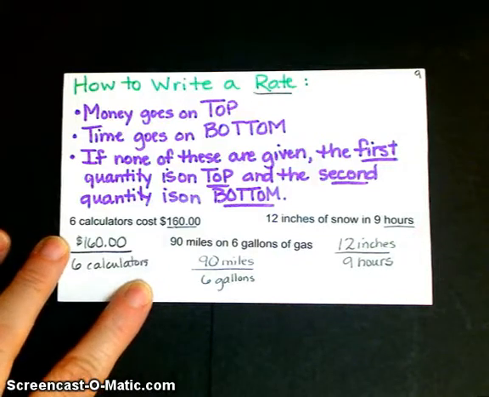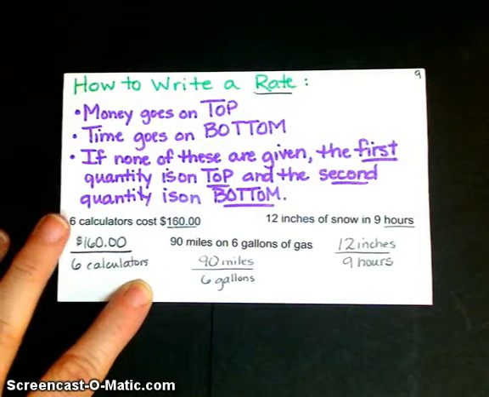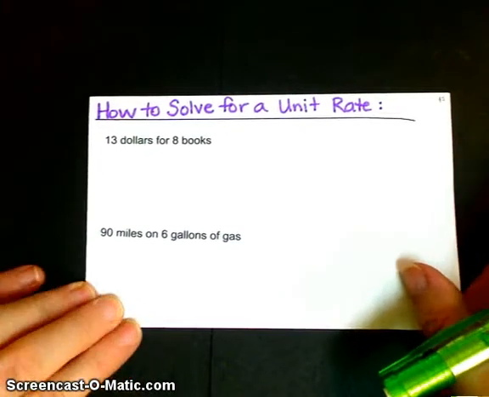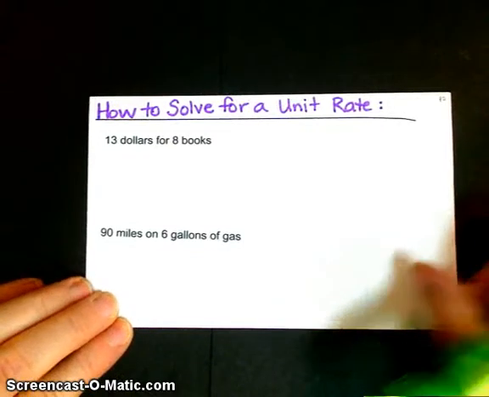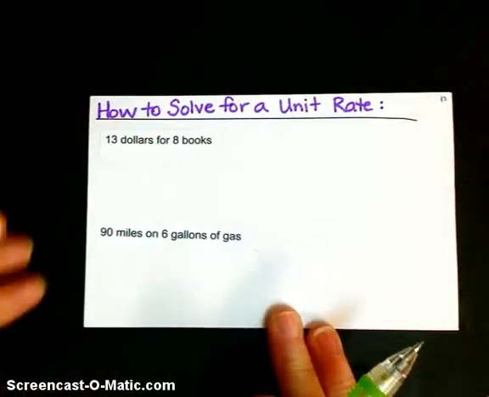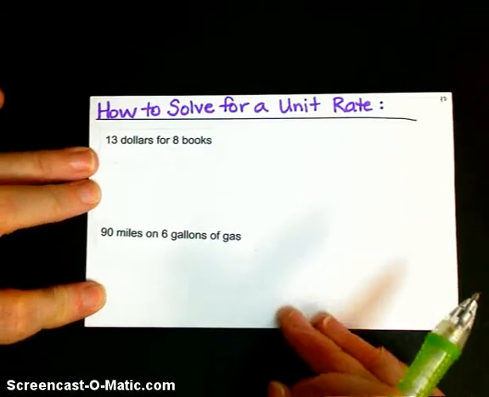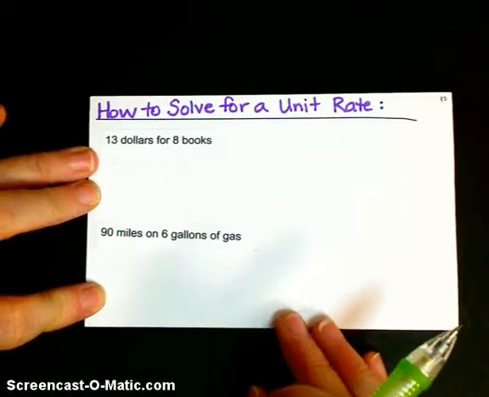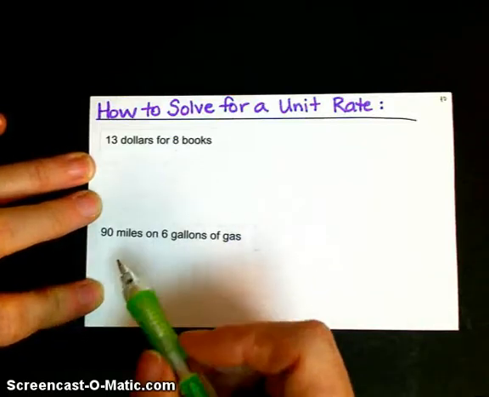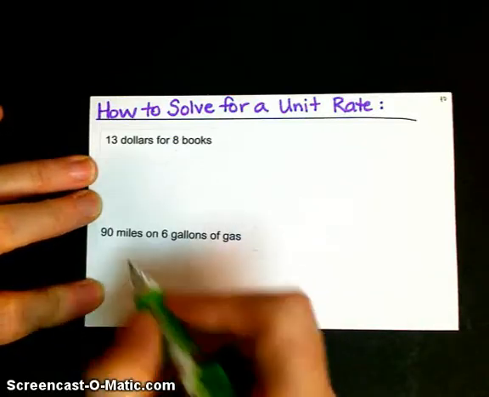Now we're going to dive right into solving for a unit rate. And we learned by our vocabulary that a unit rate is a rate simplified down to where your bottom number always equals 1 because a unit equals 1. So the first thing we're going to do is write our original rate for this particular phrase. $13 for 8 books.